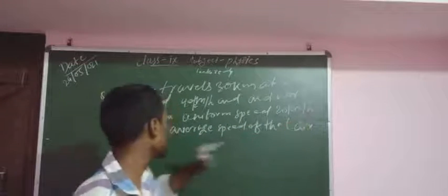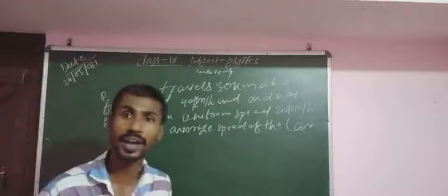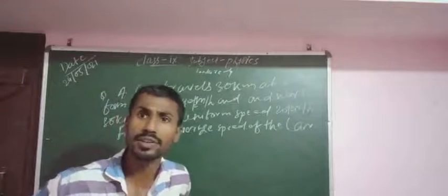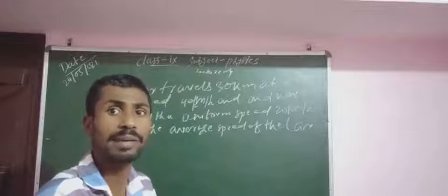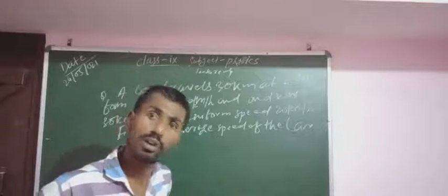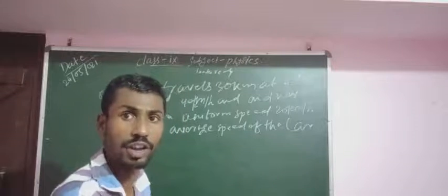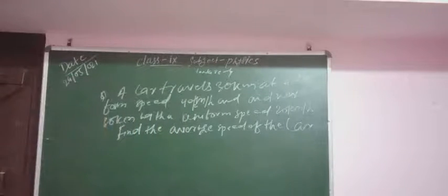Then find the average speed of the car. That means when an object travels a distance with different speed or even variable speed, we find the average speed of the body.